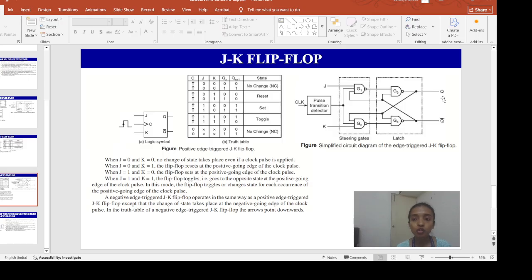Since the output of this G1 is high because initially this Q bar was 0, both the inputs of this G3 are high. So the output of G3, this Q, will be low. So we can say that if a clock pulse is applied and both J and K are 1, the flip-flop toggles, that is, it changes its state.